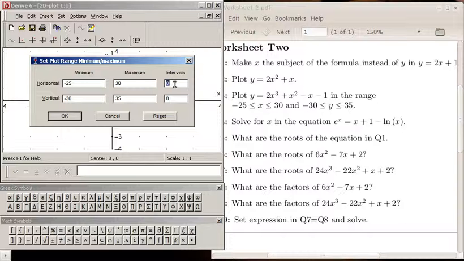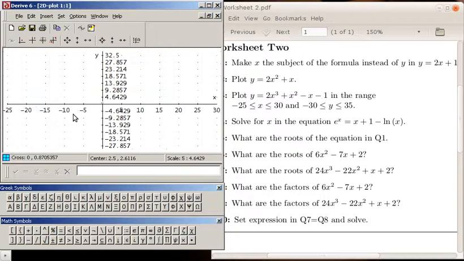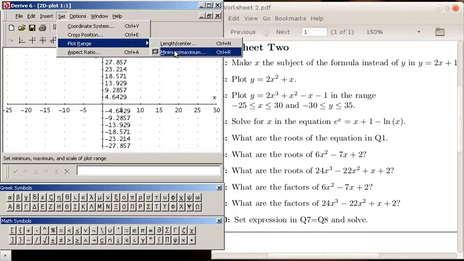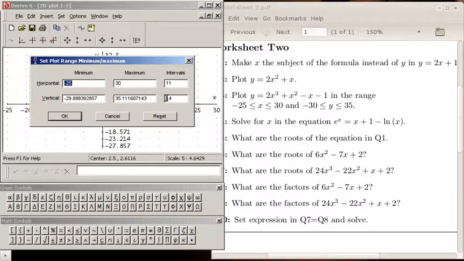So here, let's say 11 maybe, and here let's say 14 maybe. Let's see what we get. No, that didn't work. Minus 30 to 35.